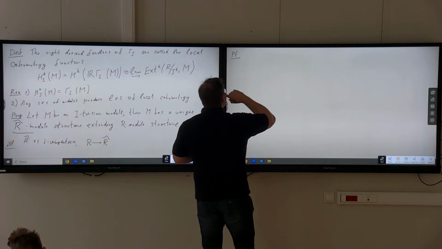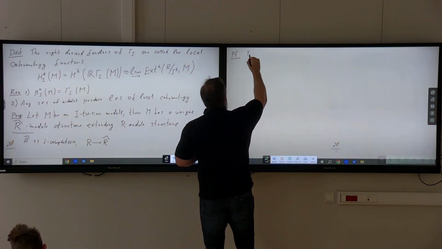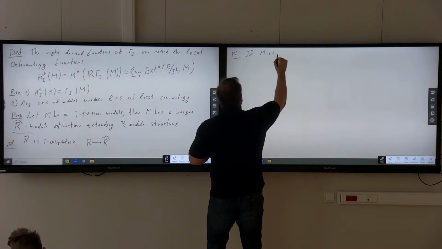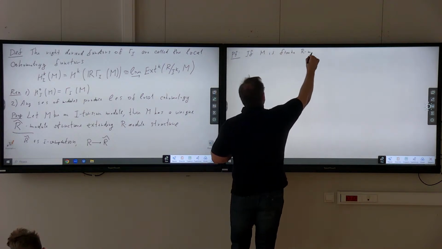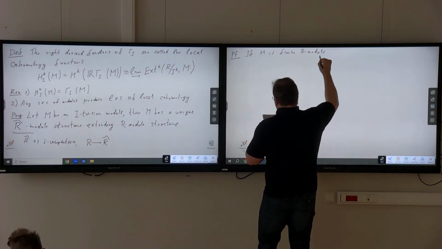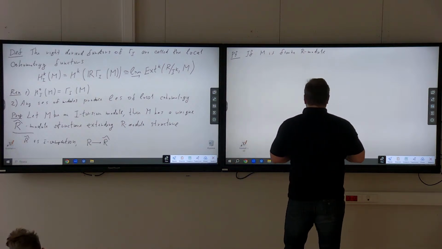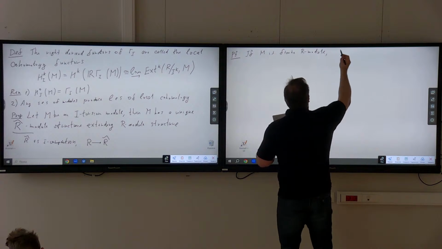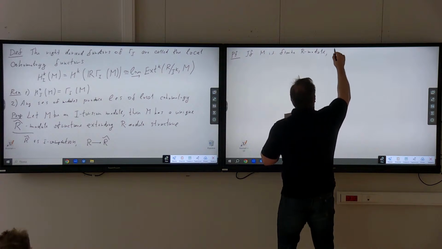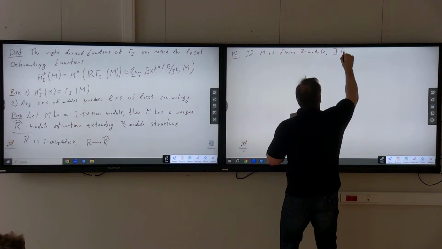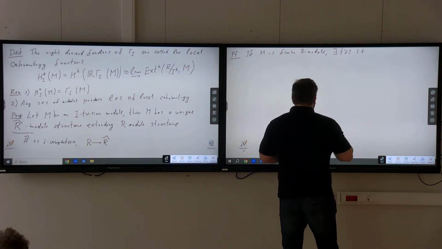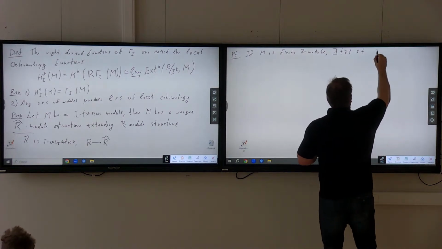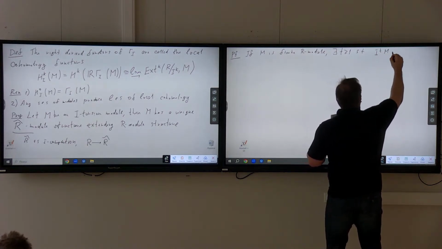Okay, let's start with the case of finitely generated modules. So if M is a finite R module, then more or less as in the previous proof, we can claim that there is some number t such that I to the t times M is 0.